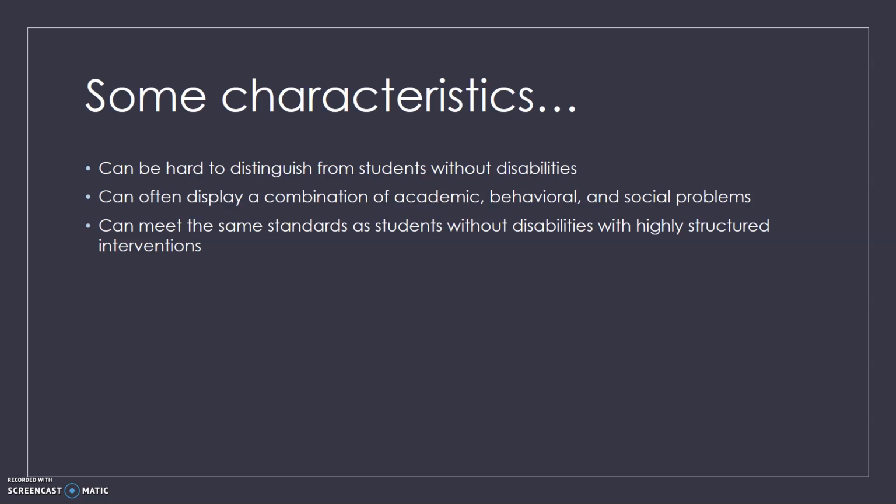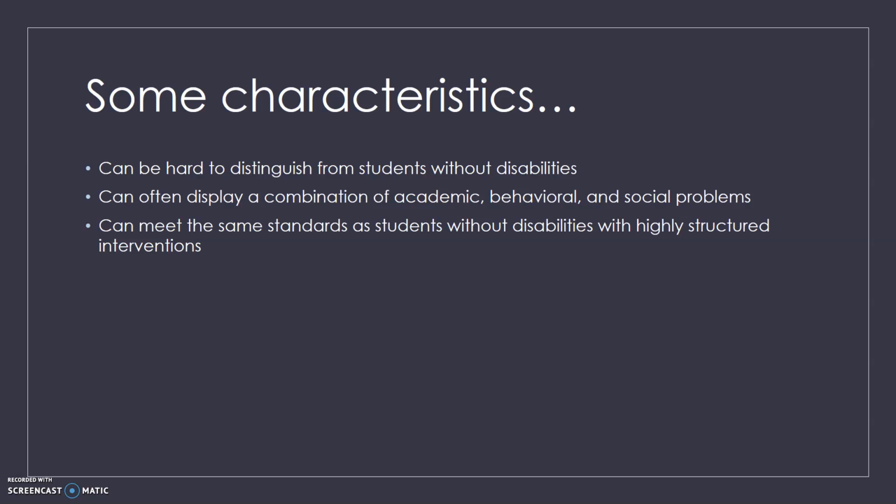Academic means they're not doing so well with their schoolwork, or they're struggling in a certain area and are going to need more support, more scaffolding. Behavioral problems could be meltdowns, being rude to others, bullying others, maybe even hitting others, or hitting you, the teacher, or an aide, or someone who is there to help the child.